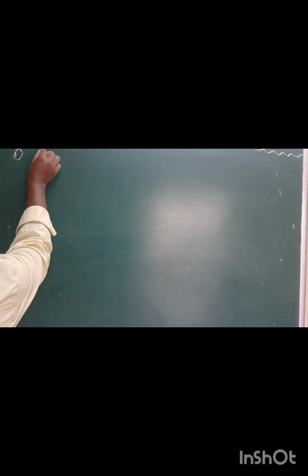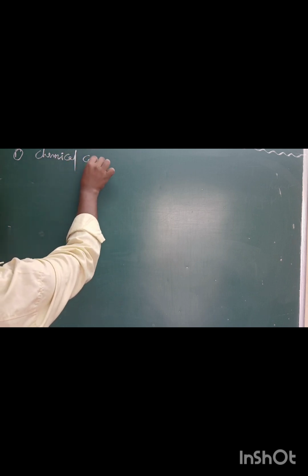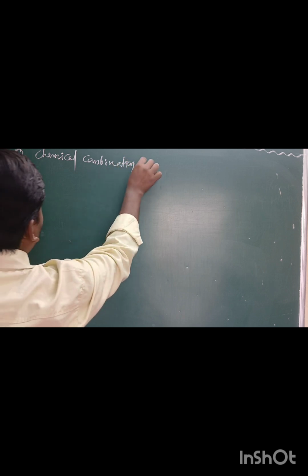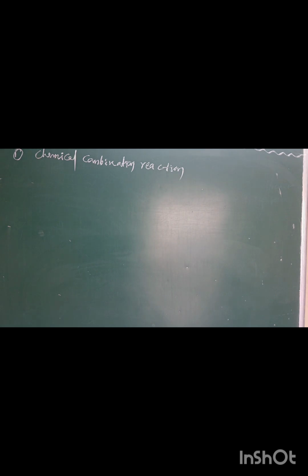Explain the following types of chemical reaction. The chemical reactions are classified into various types. The first one is chemical combination reaction. What are chemical combination reactions?